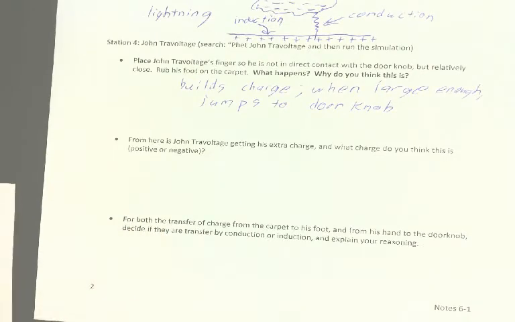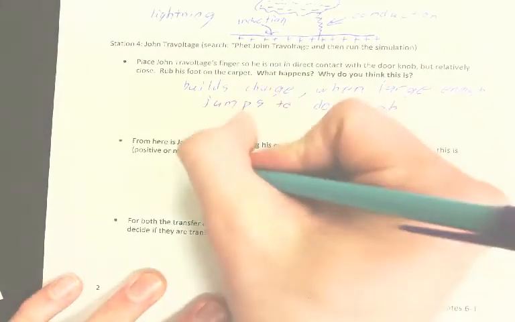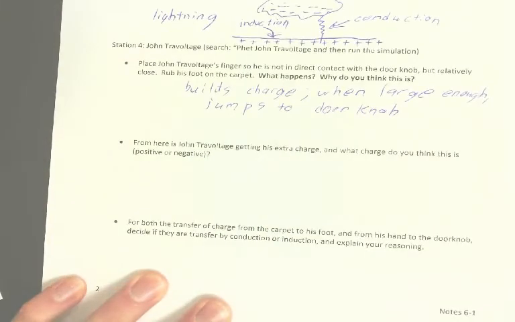Okay. So where is he getting the charge from? Well, the simulation does a good job of showing this. He gets it from rubbing his foot on the carpet. And the sign of the charge is going to be negative. Okay. The reason why it's negative is important. So he gets it from the carpet.